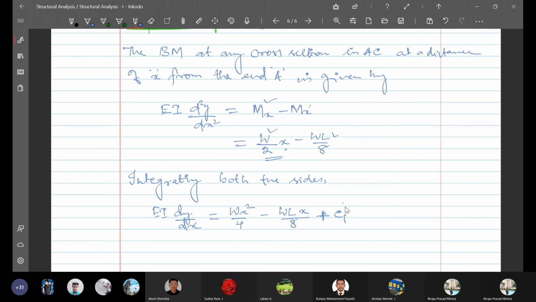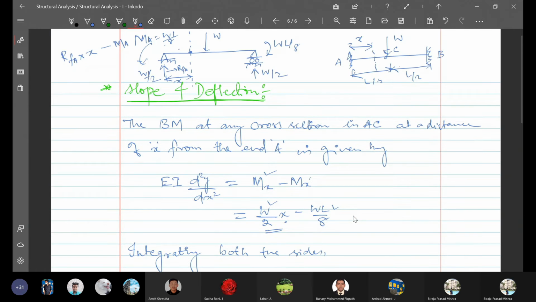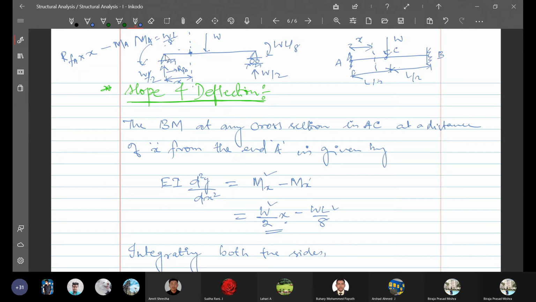Now we need to find out the value of C1. The value of C1 we will get from the boundary condition. You may ask, sir, what is a boundary condition? Boundary condition means the condition at these two ends. Since this is a fixed beam, at this end dy by dx is 0.